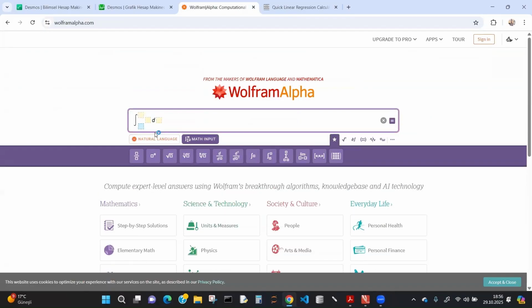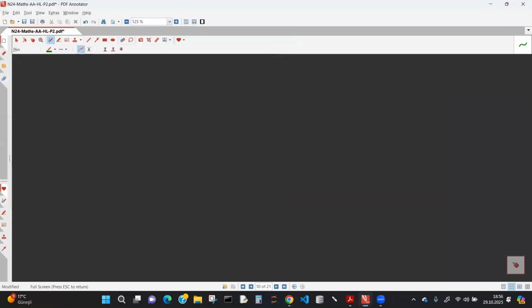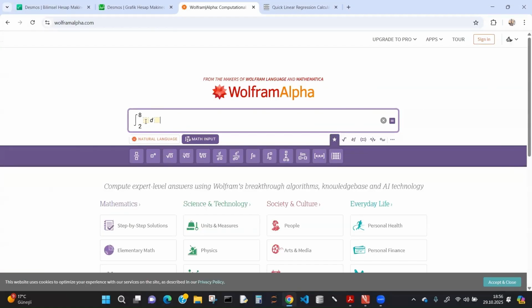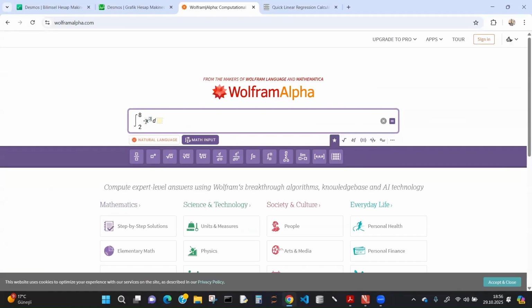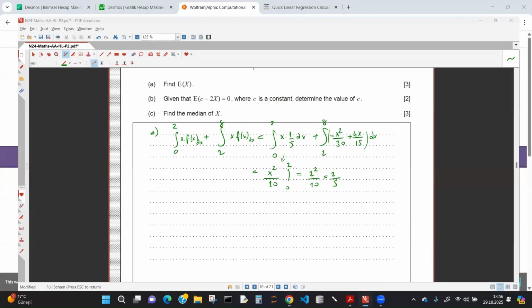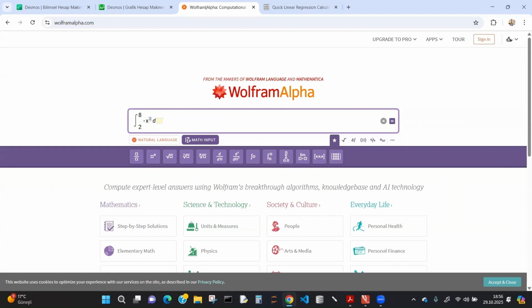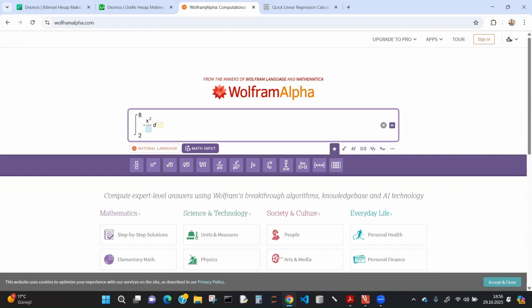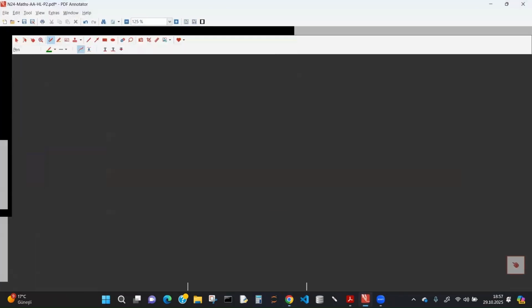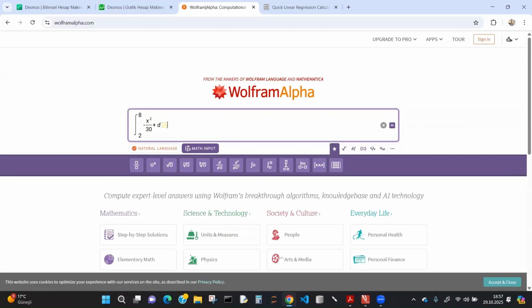From 2 to 8, and the function is minus x squared over 30 plus 4 times x over 15, and the x.